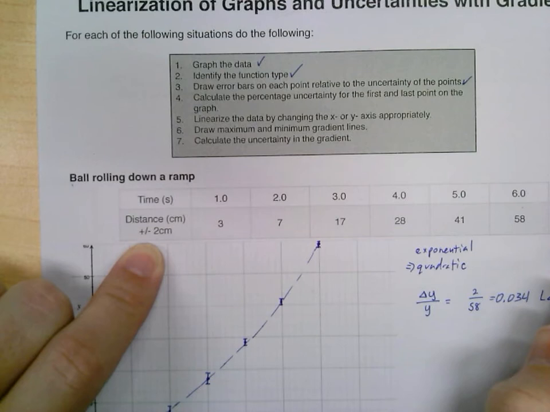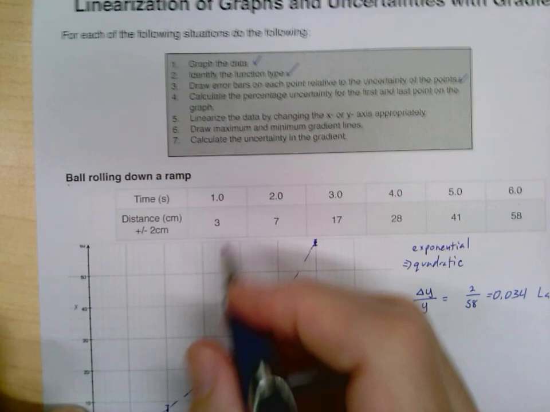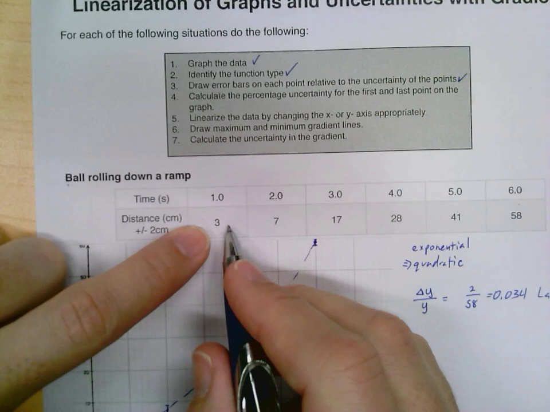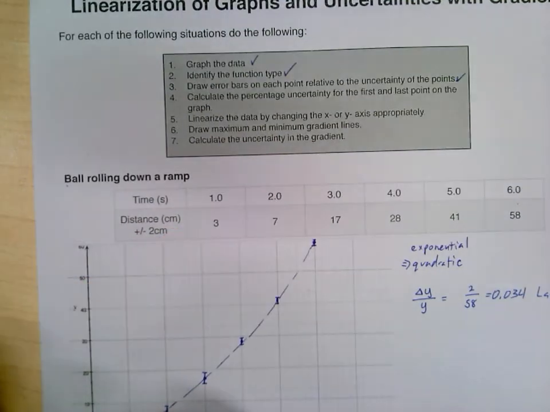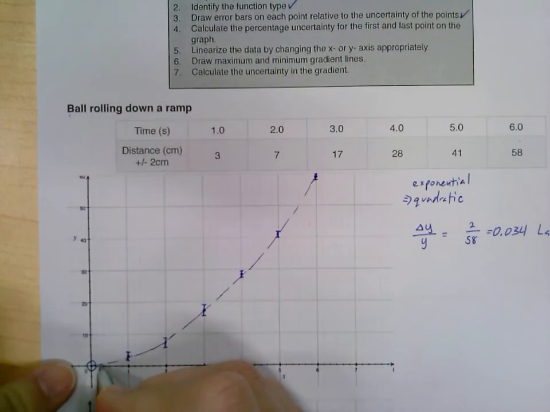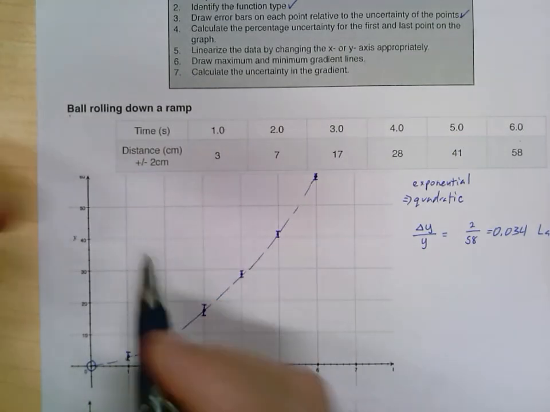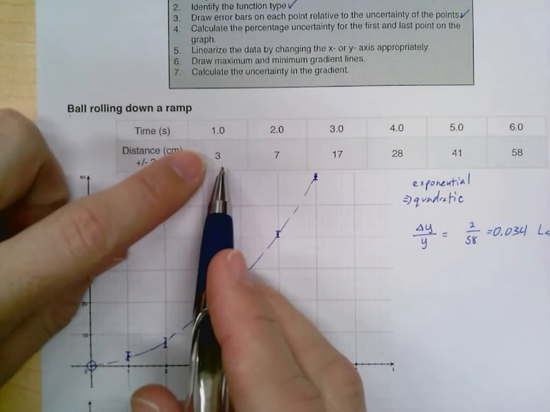Okay, now I'm going to look at the first point. The first point here is 1, 3. Now, it's probably pretty safe to assume that it goes through 0, 0 down here, but that's not something that we know for certain. It's not technically on here, so we're going to go with what we got. Our first point will be 1, 3.